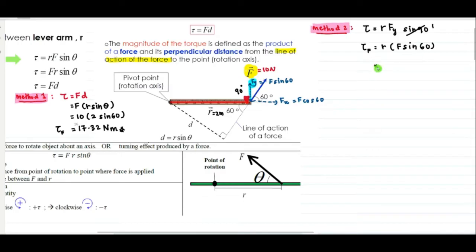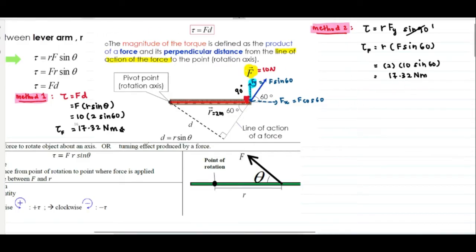Substitute R is equal to 2, F is 10 sin 60 degree. Kalau kita tekan calculator, kita akan dapat nilai yang sama, iaitu 17.32 Newton meter. Itu magnitude yang sama. Direction kejap lagi baru kita cerita.